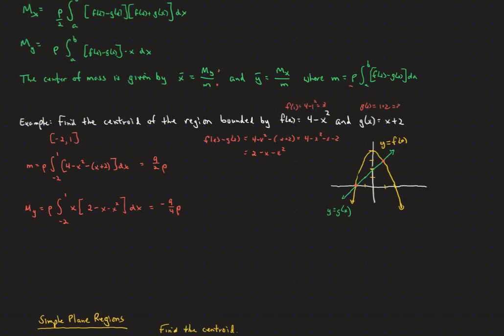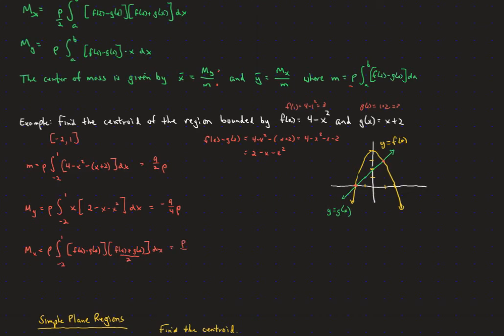And then the hardest one, I think, to find is usually the moment about the x-axis. So again, we're going to have that rho from -2 to 1. And remember, this is going to be the f of x minus g of x. That's going to be the area part of it, which is going to give us our mass. And then that's going to be f of x plus g of x divided by 2. That's going to be our average value there. That's going to get the center of mass to be halfway between the f and the g, right in the middle of that rectangle.